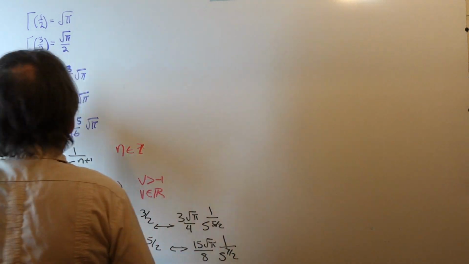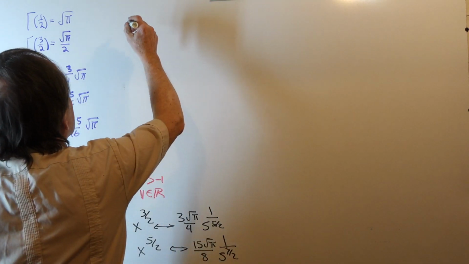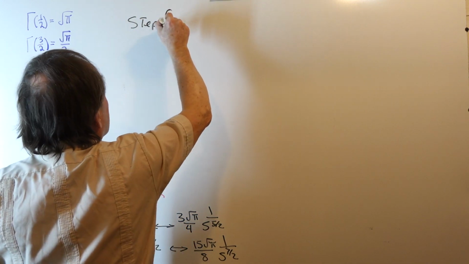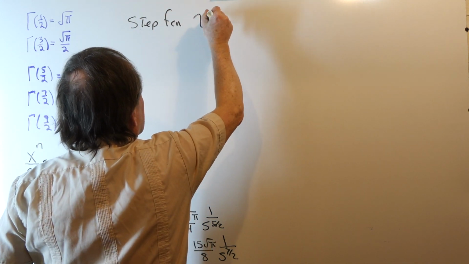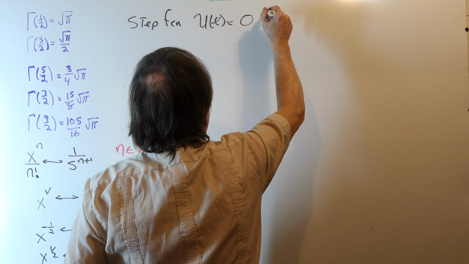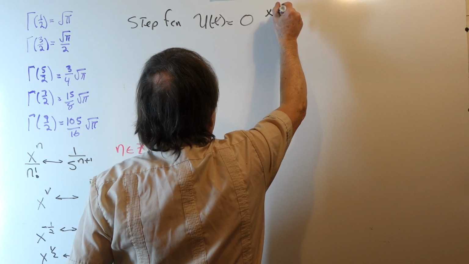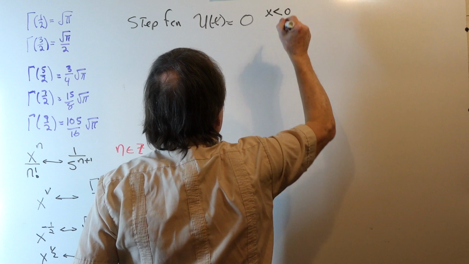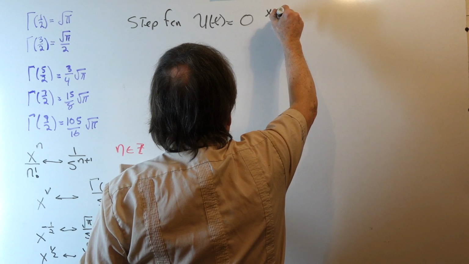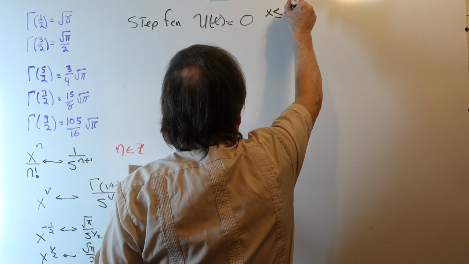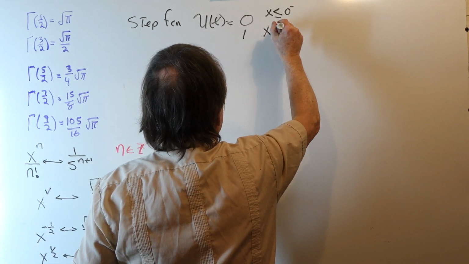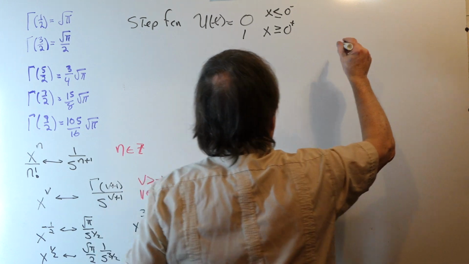In discussing Laplace transforms, we need to make use of 2 functions. One is the step function, which is designated as u of x, where it's equal to 0 when x is less than or equal to 0 minus, and it's equal to 1 when x is greater than or equal to 0 plus.